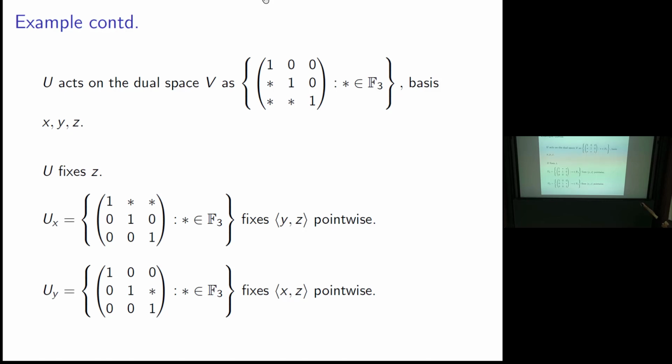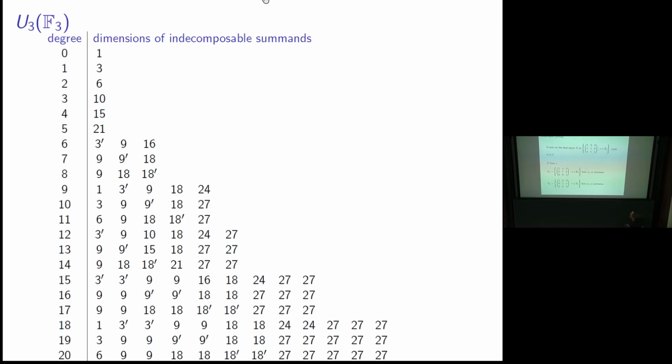If you look on the dual space of V, which is the underlying variety, you can see that certain subgroups fix certain subspaces, which is going to be relevant later. And then here's a Magma calculation, which some of you have seen before, of the decomposition into indecomposable summands.